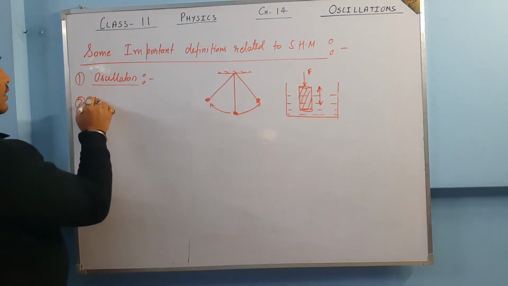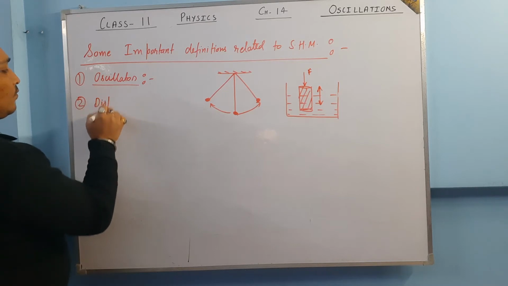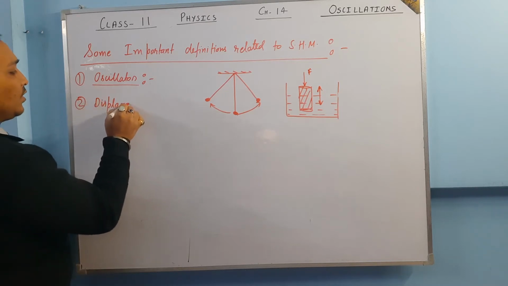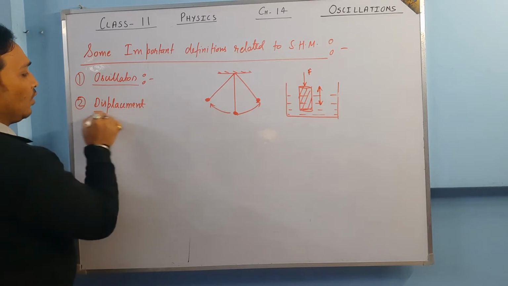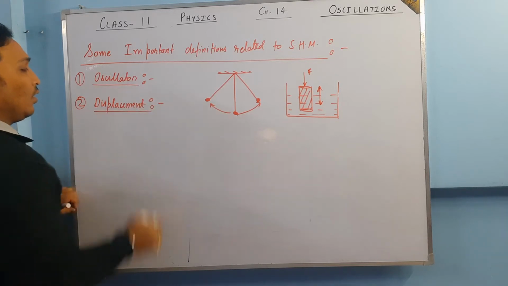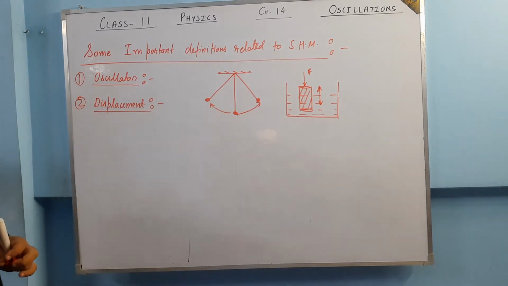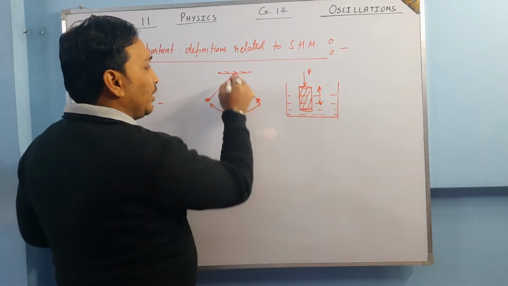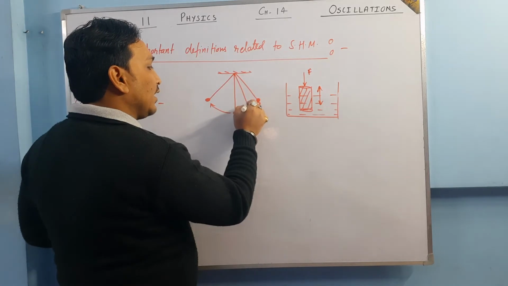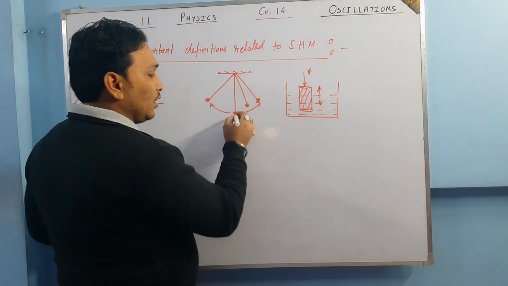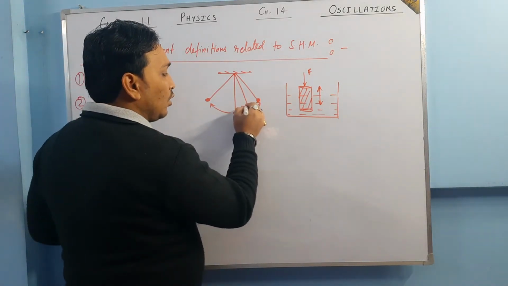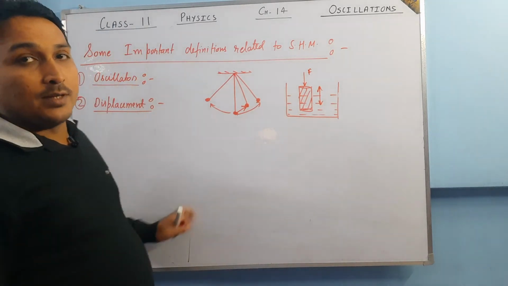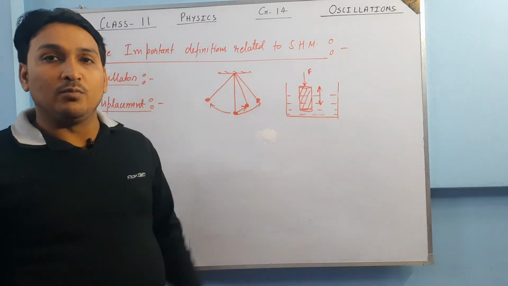Second thing is displacement. What is displacement? Like suppose this pendulum, at a particular instant, is not on that side. It is at this position. So from the mean position, what is its displacement? Displacement is always measured from the mean position.